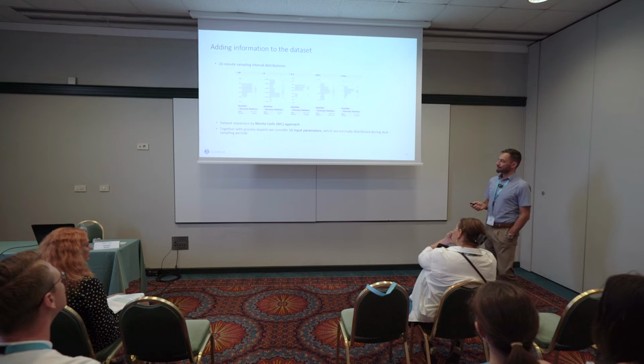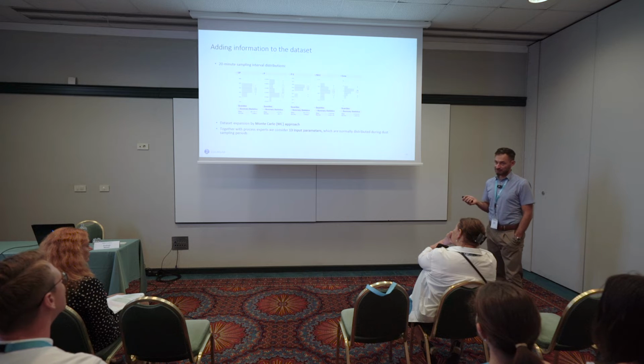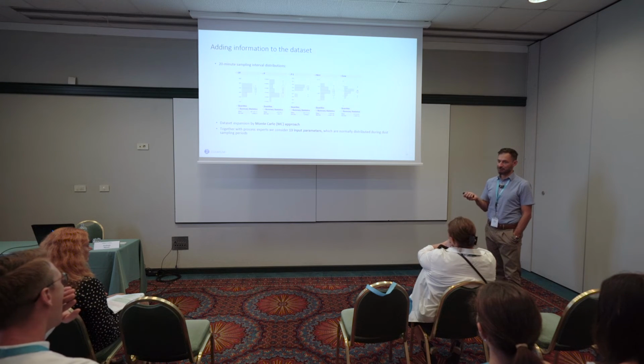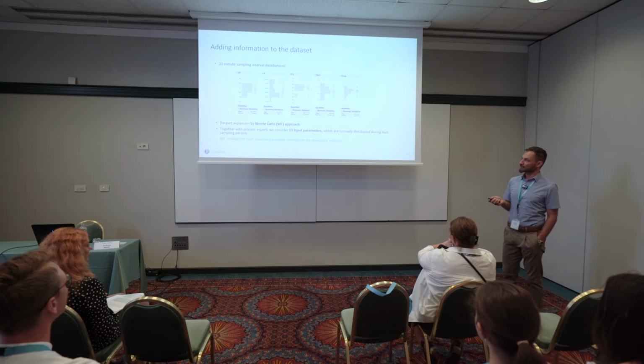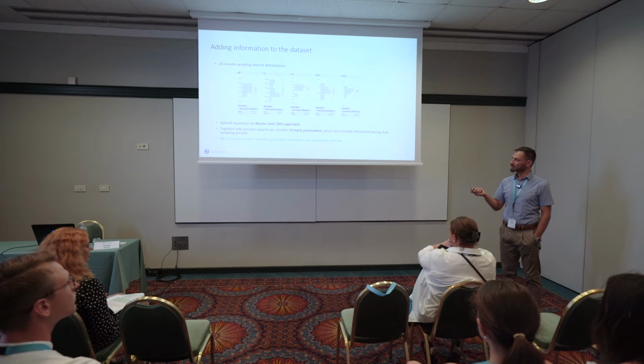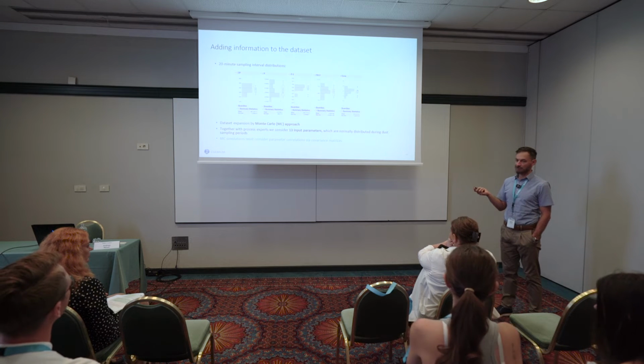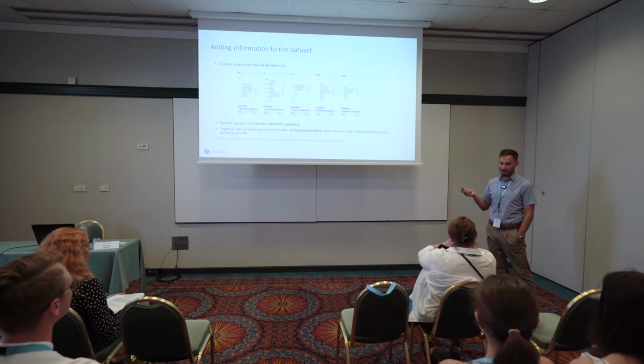And together with process experts, we then considered 13 input parameters. So we reduced this from 40 to 13. And we used Monte Carlo simulations, and we considered parameter correlations via so-called covariance matrices.